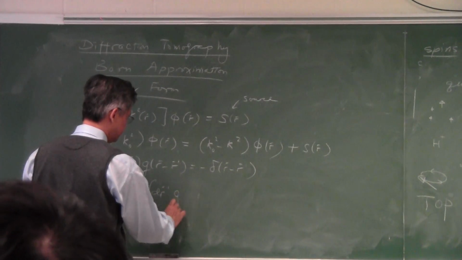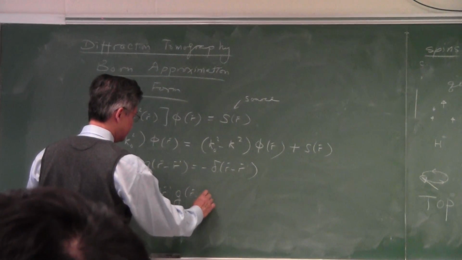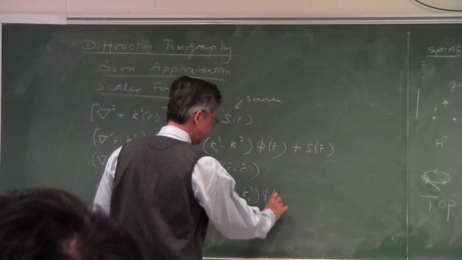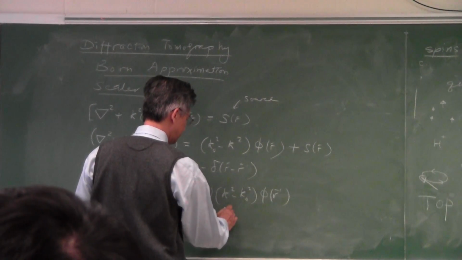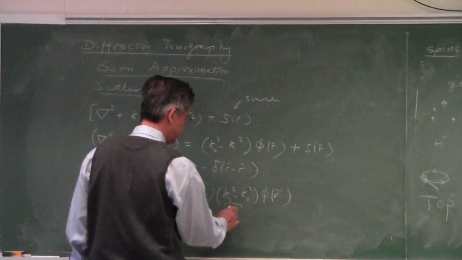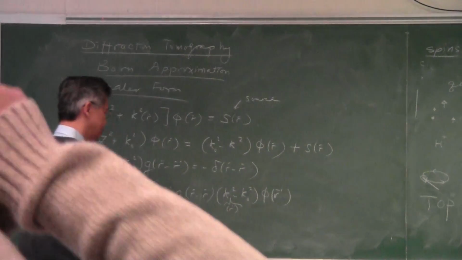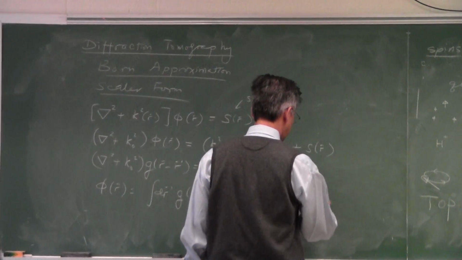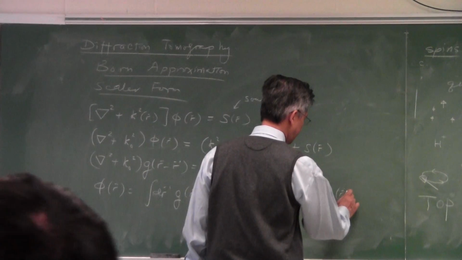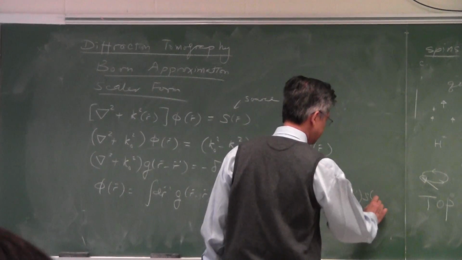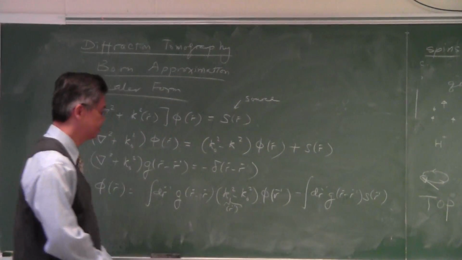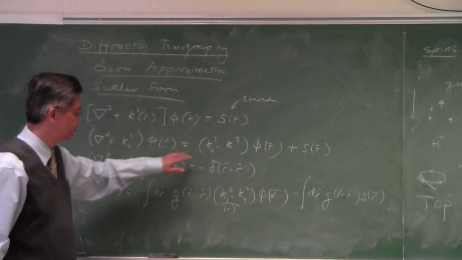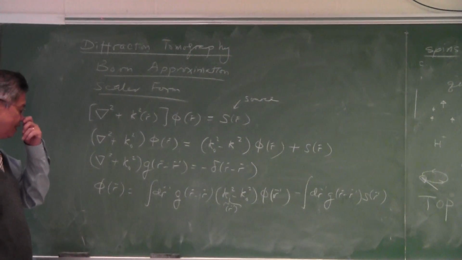So it's the integral over r prime of g of r minus r prime times k squared minus k naught squared, with r prime to denote the fact that this k squared is a function of position, and then minus the integral over r prime of g of r minus r prime times s of r prime. This is just a statement of the principle of linear superposition. These are the sources I have. If I have this Green's function operating on these sources, I get this as my right hand side.